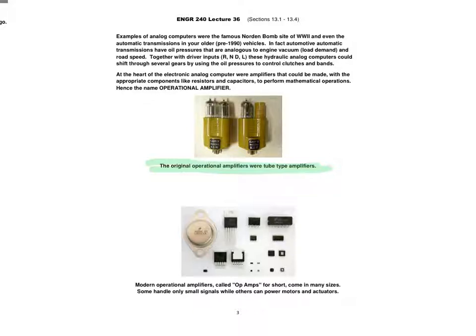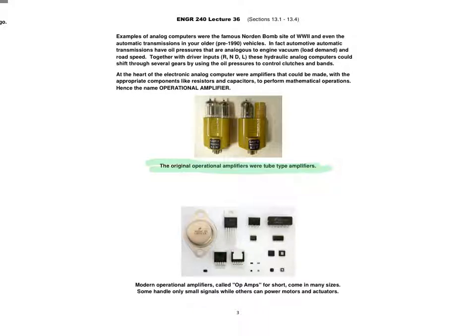Interestingly though, it wasn't just electronics that could do analog computations. Even as recent as the 1990s, the hydraulic automatic transmission has what's called a valve body in it, which is in reality a hydraulic analog computer.